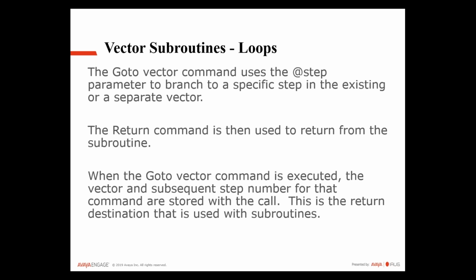I know that that subroutine works because I use it for every single team. So if I have one team that's having a problem, it's certainly not the vector because it's being used by multiple teams. So you'll see we're going to use the go to at step, we're going to send it out to another vector. Our return is going to bring it back, and then we can keep it going through on the main vector.